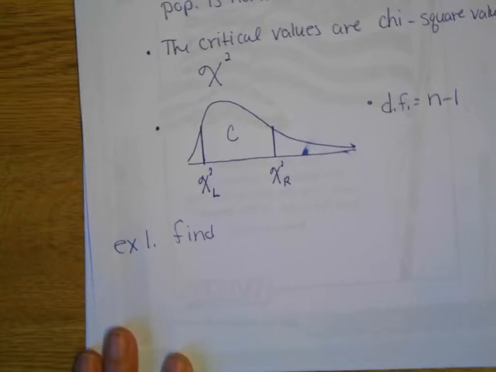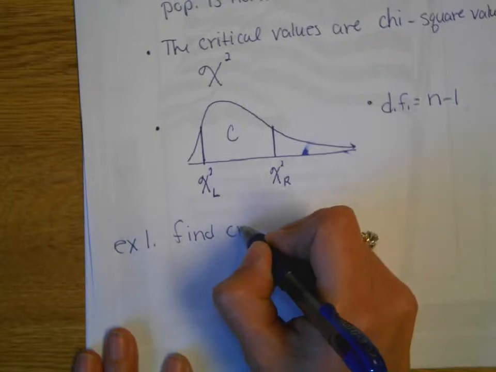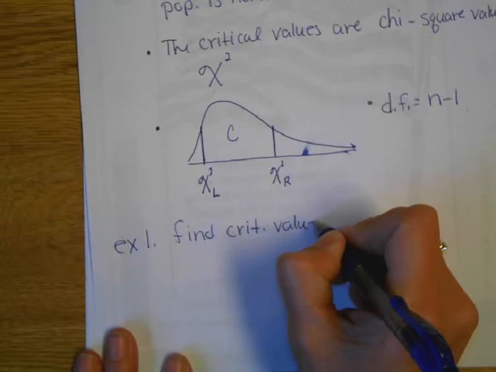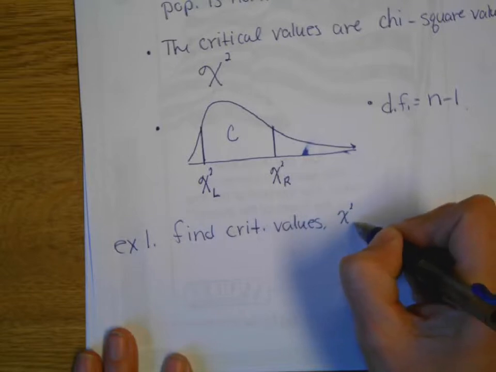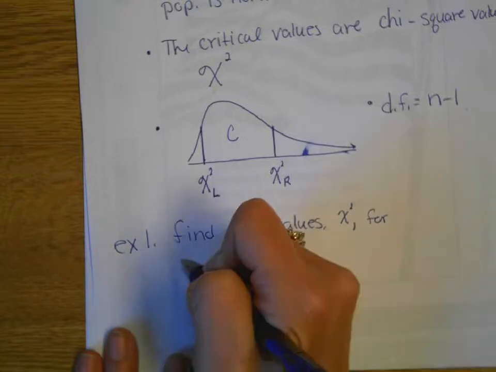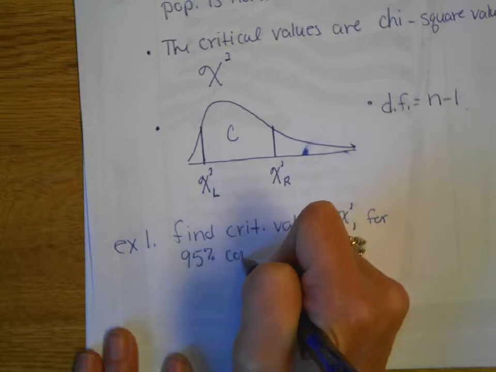Find critical values, in other words the chi-squareds, for a 95% confidence interval, with sample size n equals 25.